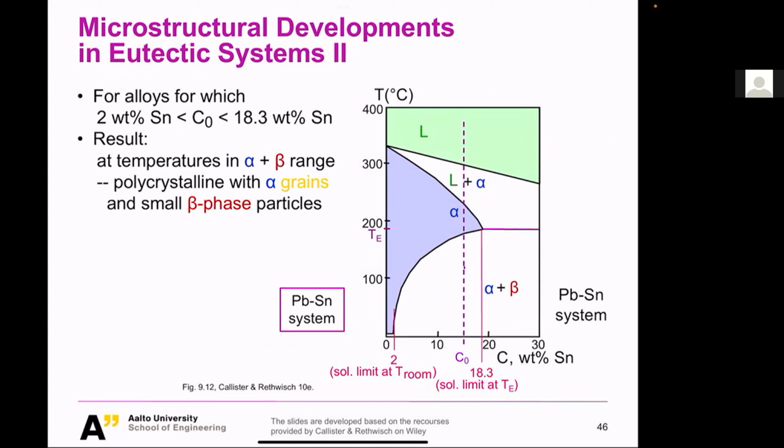And of course, for the alpha beta range of about 2% to, let's say, 18.3%, the situation looks a little bit different. Let's say we still start with a rather high temperature, around 400 degrees C, and we cool it down, and this is the same. You get completely alpha phase, right? Everything is fine. But if you cool down still further, as you can see here, you don't stay with the completely alpha solid solution.